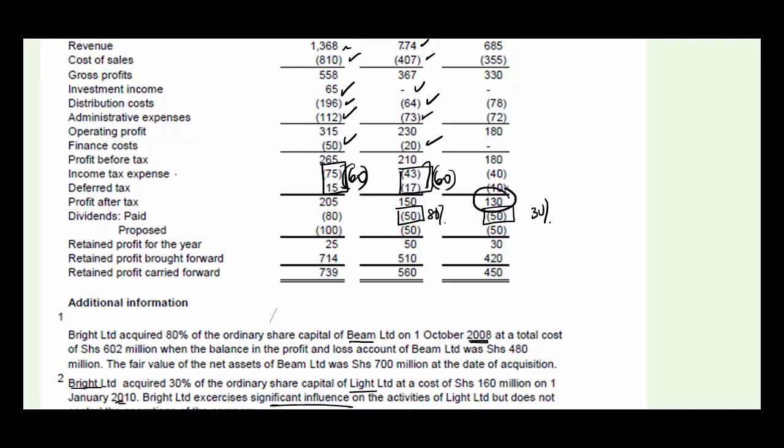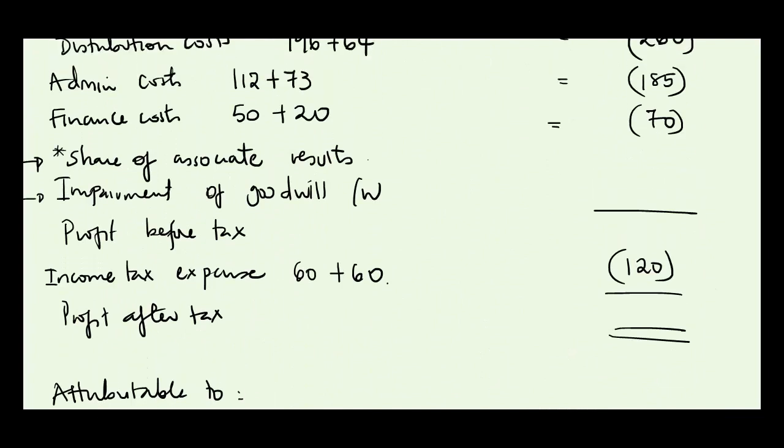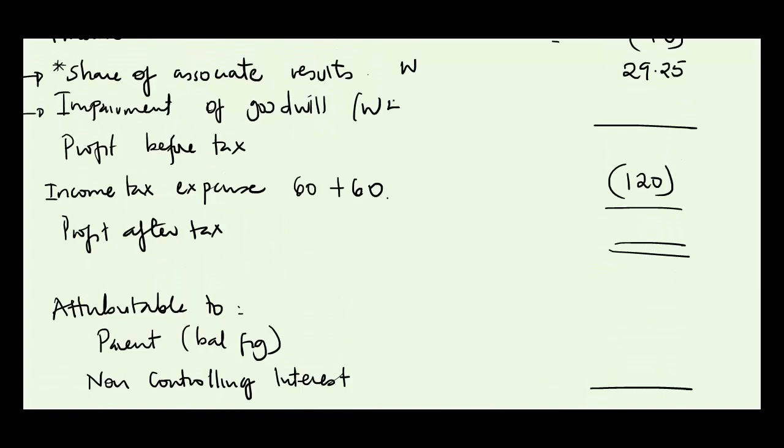It had profit after tax of 130. So what is our share? Our share is 30% of 9 months of 130. And when I solve for these, what do I get? I get 29.25. That is the share of our associates results. And come and post it here. 29.25 is a positive. And this is working number 4. So working number 5 has to do with the goodwill impairment.